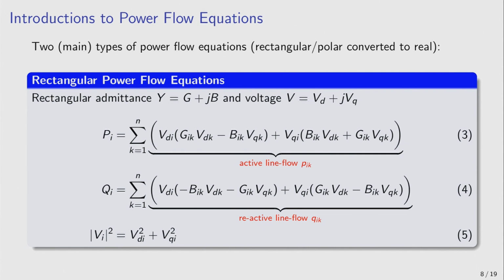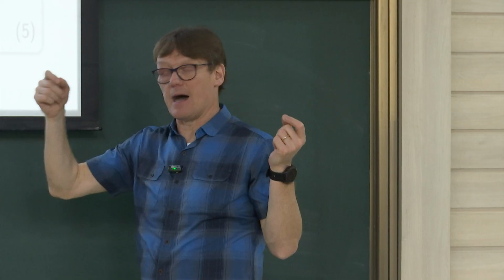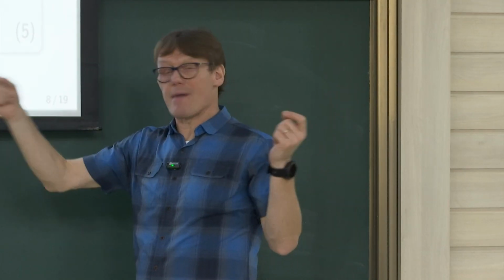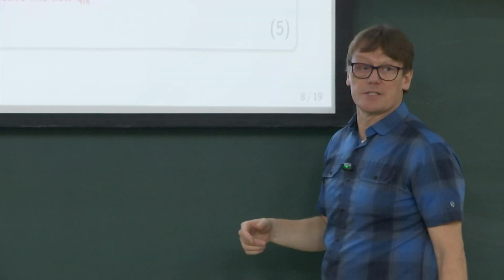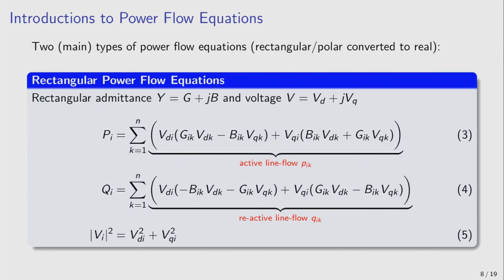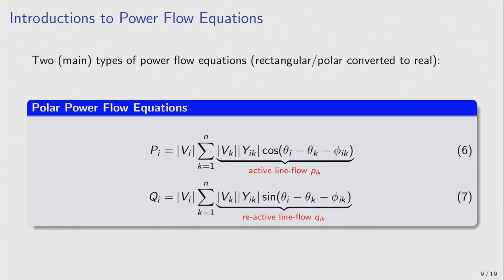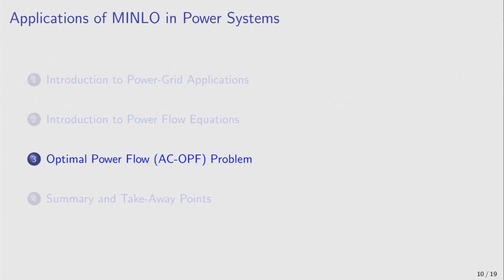And those are the flows that go across the lines, and we will have constraints on the magnitude of these flows, because if there's too much flow on a line, then the lines can overheat, for example, and the power system would break. So then there's a similar set of equations if you do the same thing in polar coordinates. So those are these two equations. Again, you can look at the slides later.